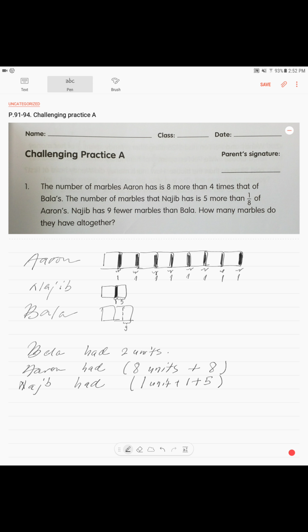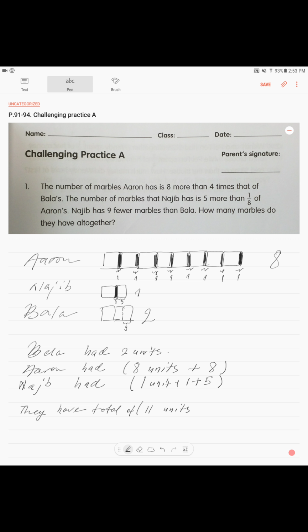So what do we have in total? They have a total of 11 units. If you calculate, there are 8 units here, 1 unit here, and 2 units here.